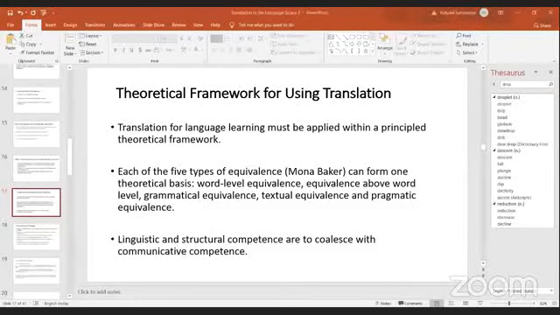Translation as a teaching activity should concern itself equally with the process and the skill of translation. So the theoretical framework must address these two dualities and bring about a combination of the two. The first one is the process and the second one is the skill, which are quite communicative in their theoretical perspective.